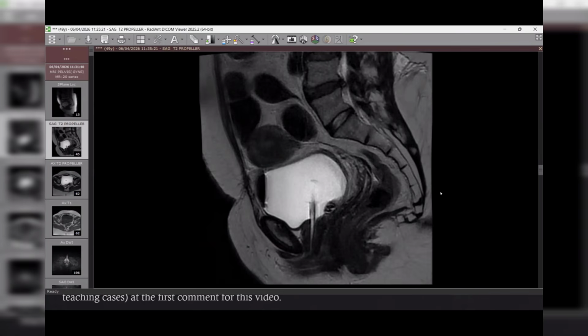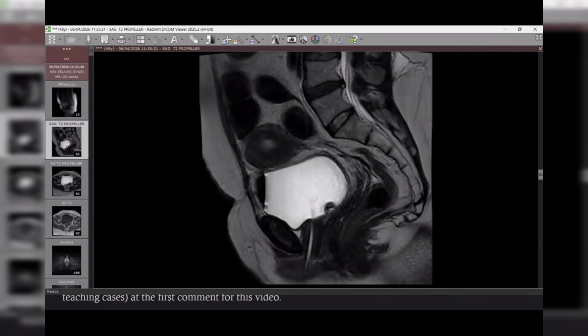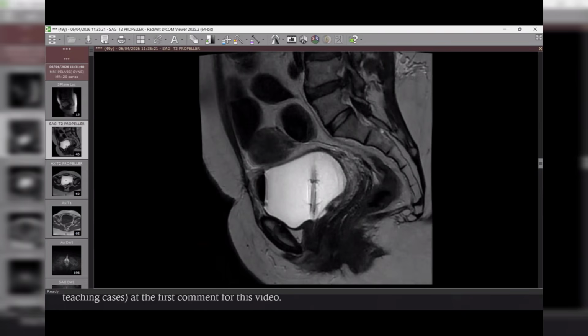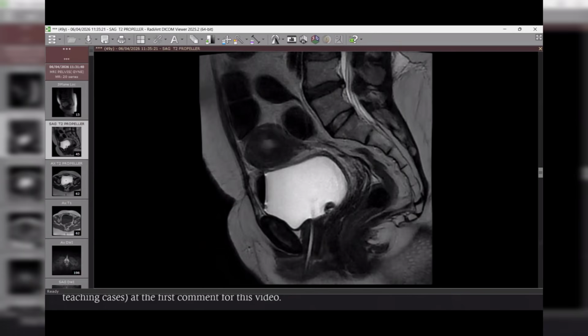Can we characterize more the mass? So the mass has central T2 hypointensity in it. Fantastic. Yes. So this could represent a hematoma.